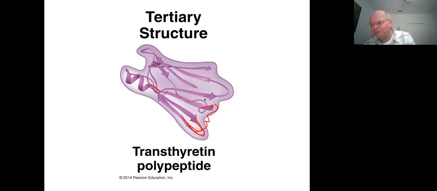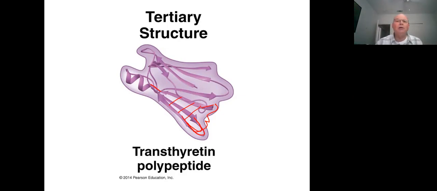It's located elsewhere in the sequence. But because of the final three-dimensional folding of the polypeptide, these come next to each other and therefore are cross-linked by hydrogen bonds to form the pleated region. This is not unusual. This is actually quite common in the case of pleated regions.